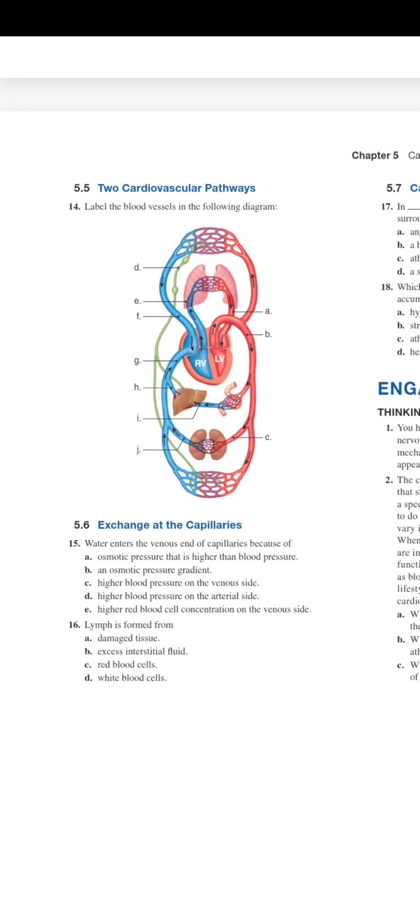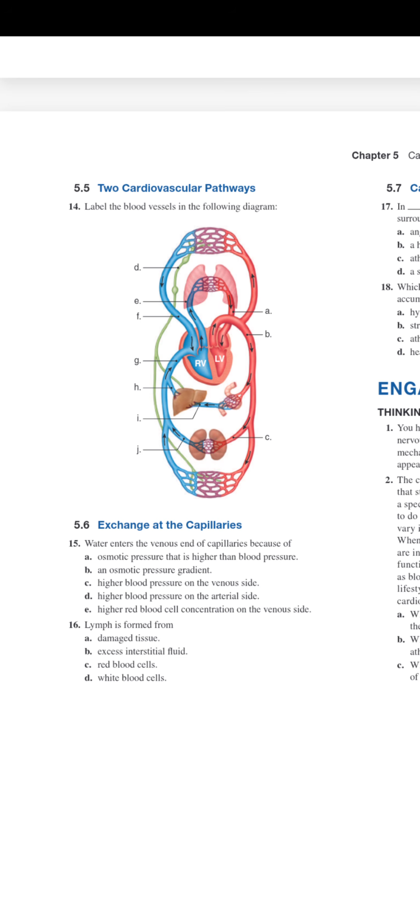This is the small intestine, and it's going to the liver. It's called the hepatic portal vein, and hopefully we'll learn more about it in the digestive system chapter. Finally, J, again, anything that has to do with kidney is renal, and it's going towards the heart, so it's a renal vein.